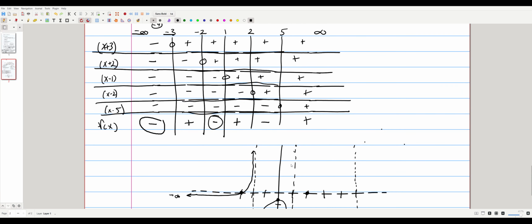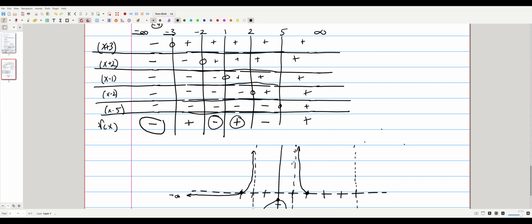Now for our next interval, which is between positive 1, which is our vertical asymptote, and 2, we know we're positive, right? So that means we have to either start up here by this vertical line or down there, but because we're positive, we know we start up here. And then we're going to come down and we're going to touch our x-intercept, which is at 2.